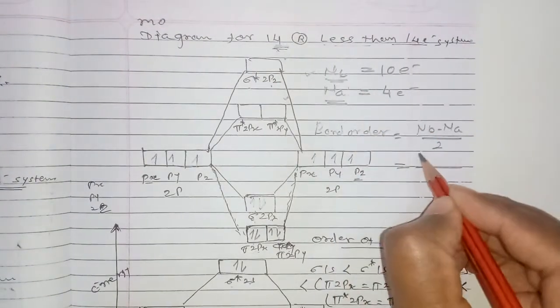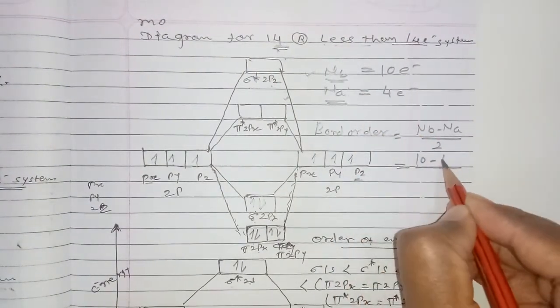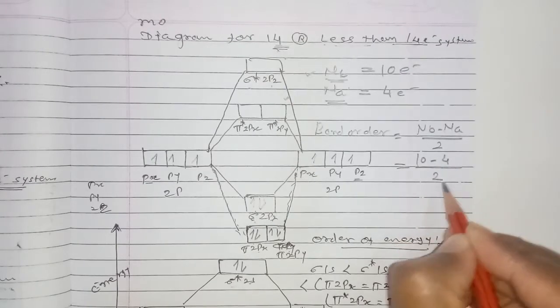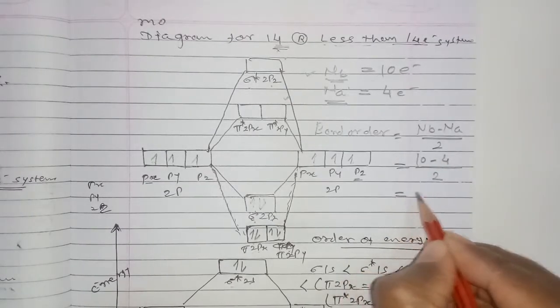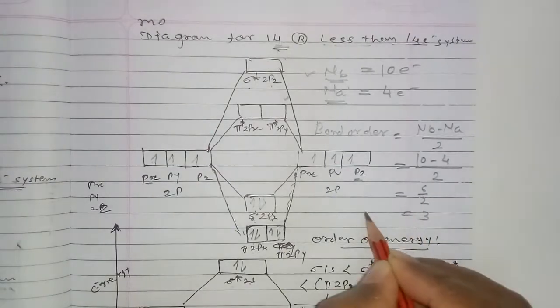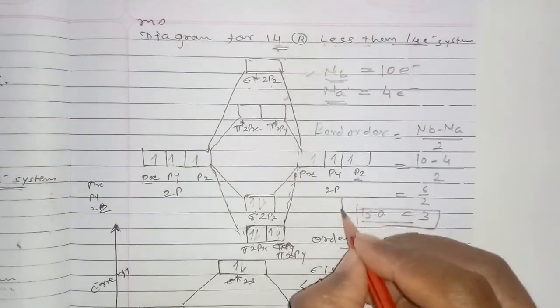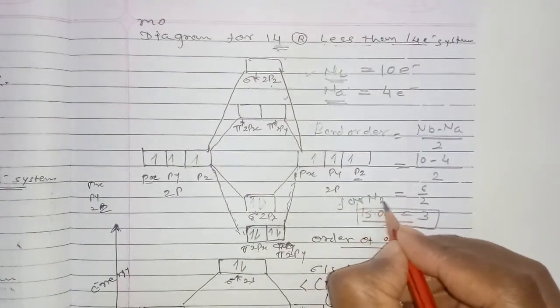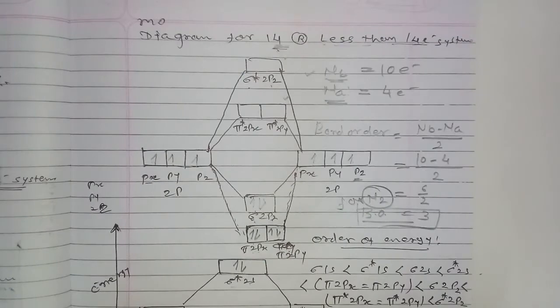Here 10 minus 4 divided by 2 is equal to 6 divided by 2, which is 3. So the bond order of the nitrogen molecule is 3.